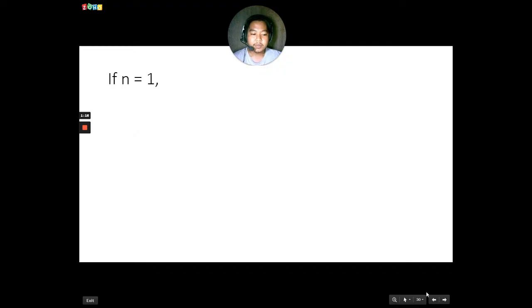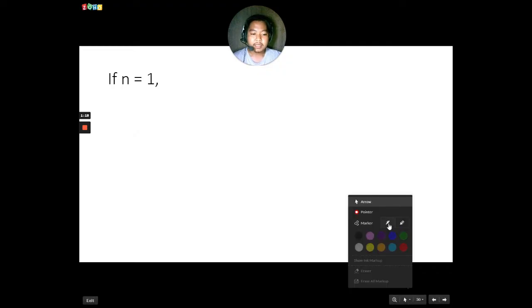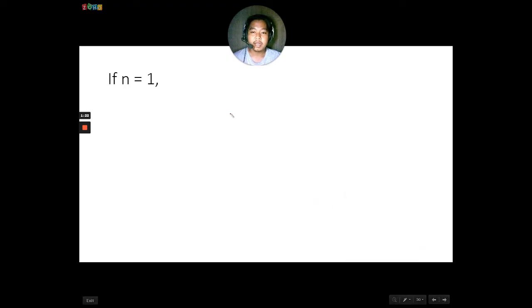So let's use the first two quantum numbers to identify the third using the formula. If n is 1, this is my first quantum number, what would be my L?